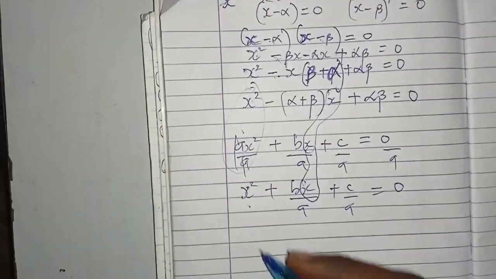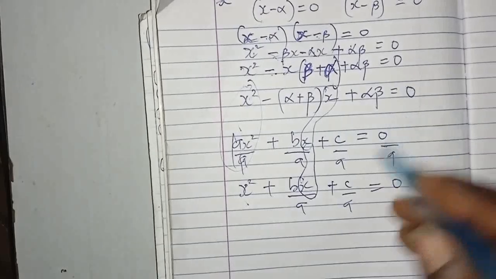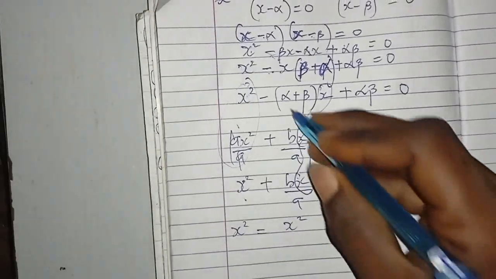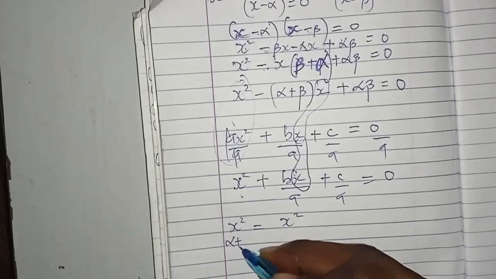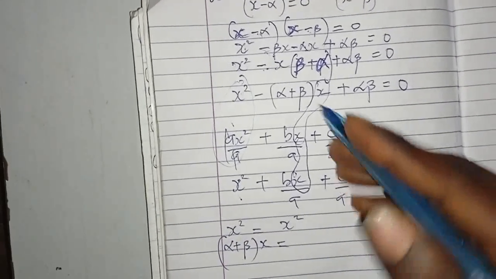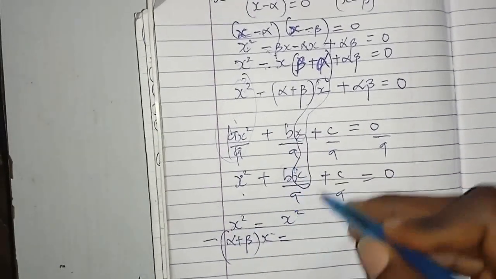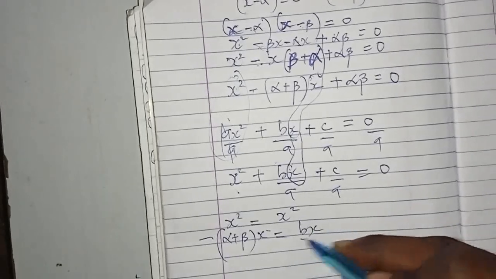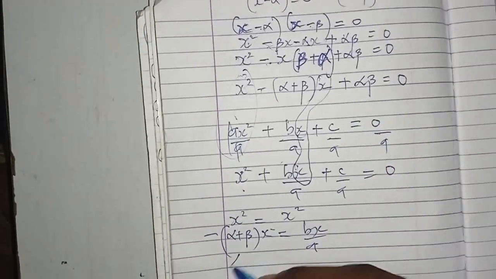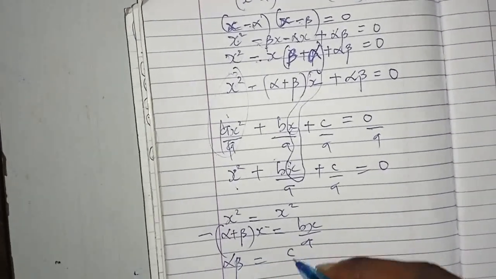So comparing it now, you will see very well. Let's do it this way. x squared is equal to x squared. Then minus alpha plus beta x is equal to everything here, which is bx over a. Then there's no x here, this one is constant. Alpha beta is equal to c over a.